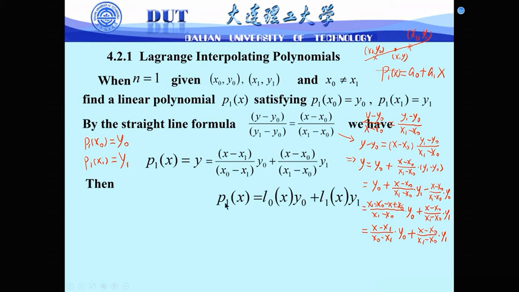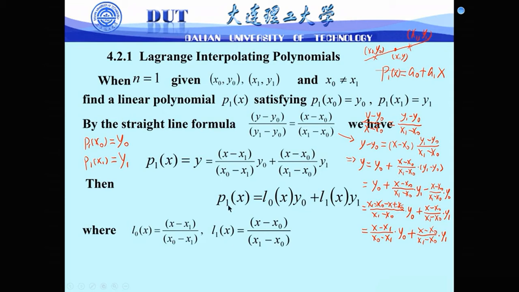Now you see, I write p1(x) equal to, we denote this ratio function, x minus x1 divided by x0 minus x1, by L0(x). L0(x) is a linear function, right? And we also denote x minus x0 divided by x1 minus x0 by L1(x).